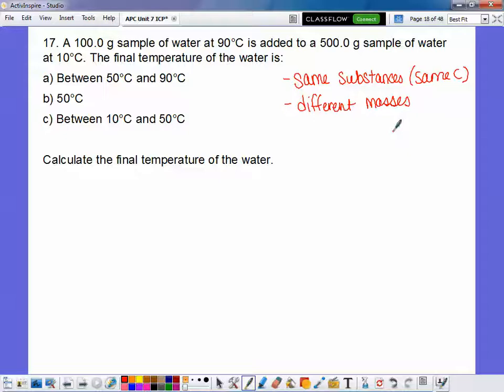So we cannot just do a straight average this time. Instead, we can still use negative MCΔT equals positive MCΔT, but what term is going to go away? C is going to go away because they're the same substance. So really it's just negative MΔT equals positive MΔT.